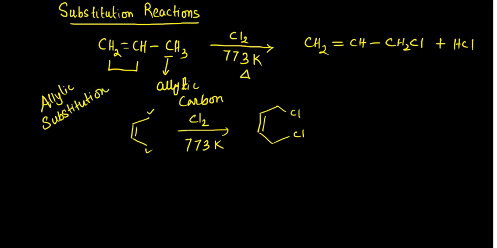Next, this allylic substitution reaction can also be carried out in the presence of a special reagent called NBS, N-bromosuccinimide. What is NBS? CH2, CH2, C double bond O, C double bond O, NBr.